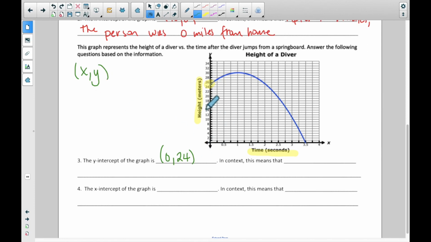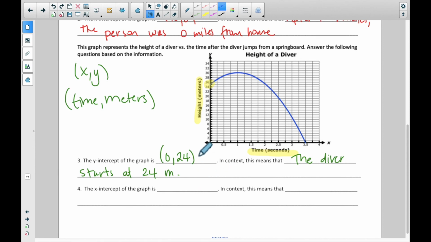X is the time, and y is the meters, or the height. So if I have this, 0 is my time, 24 is my height. So in context, this means that the diver starts at 24 meters. That is super high. That's like a 7 or 8 story building. That's how tall that is.